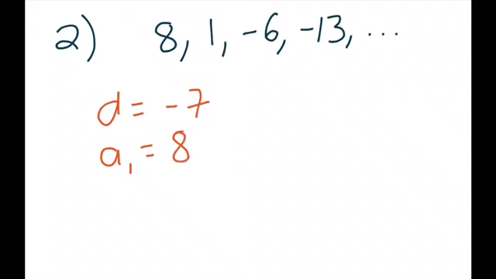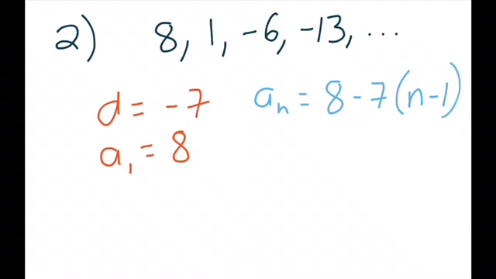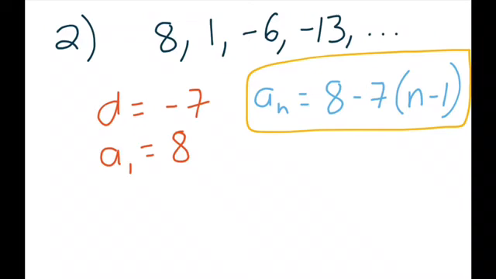Now we need to take those and plug those into the explicit formula. So we have a sub n equals 8 subtract 7 parenthesis n subtract 1. So this is our explicit formula right there. The last part is to find the 8th term.